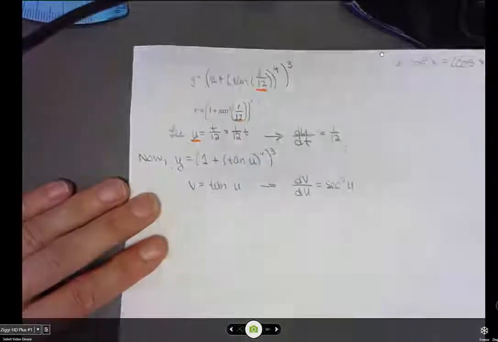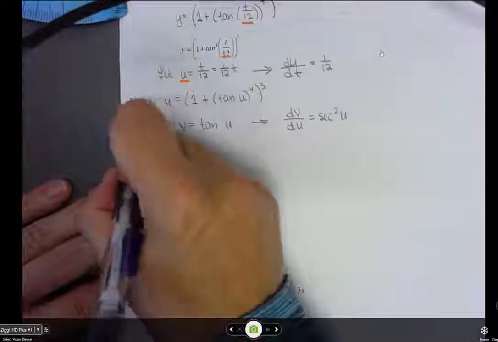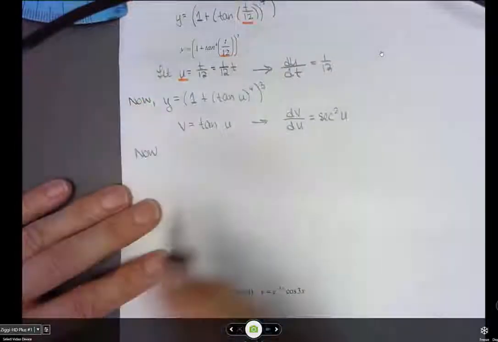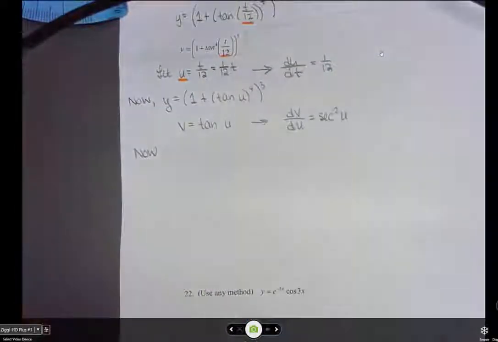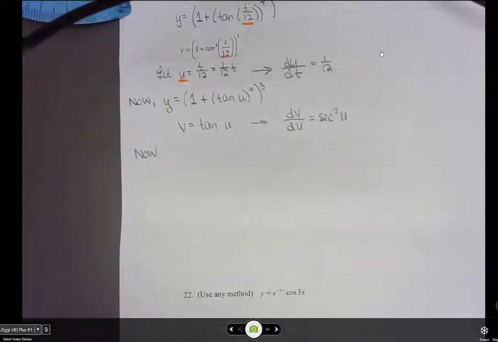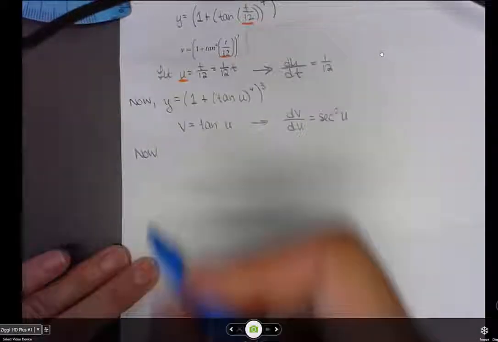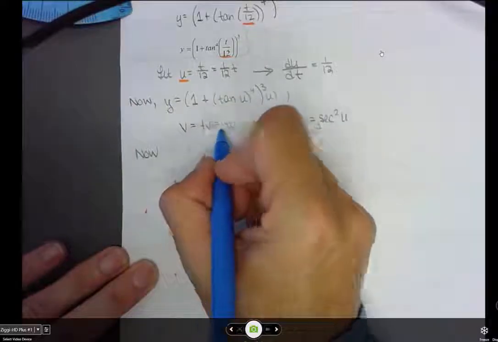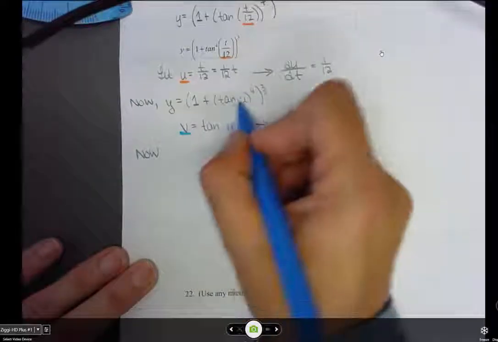And now I rewrite y using this, not the derivative, using my substitution. So let's see. Wherever I have a tan u, I'm putting v, and here is tan u.